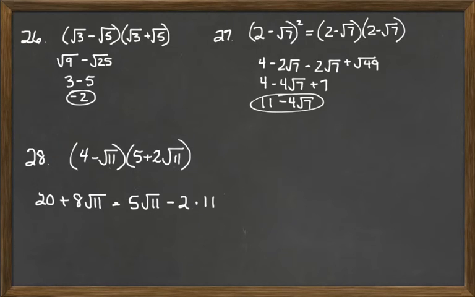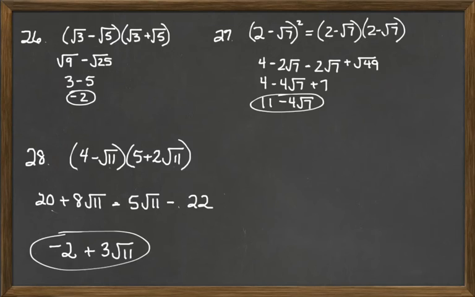The 121 changes to 11. The 2 times 11 becomes a 22. And now you can simplify. 20 minus 22 is negative 2. And 8 square root 11 minus 5 square root 11 is 3 square root 11.